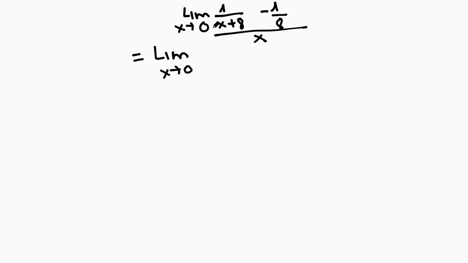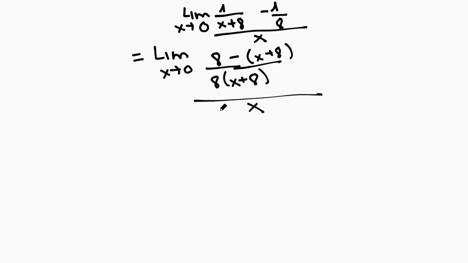I'm just going to subtract these two together, the same as the previous example, and then I'll have 8 over 8 times x plus 8, minus x plus 8, and then over x, right? This thing as a whole.